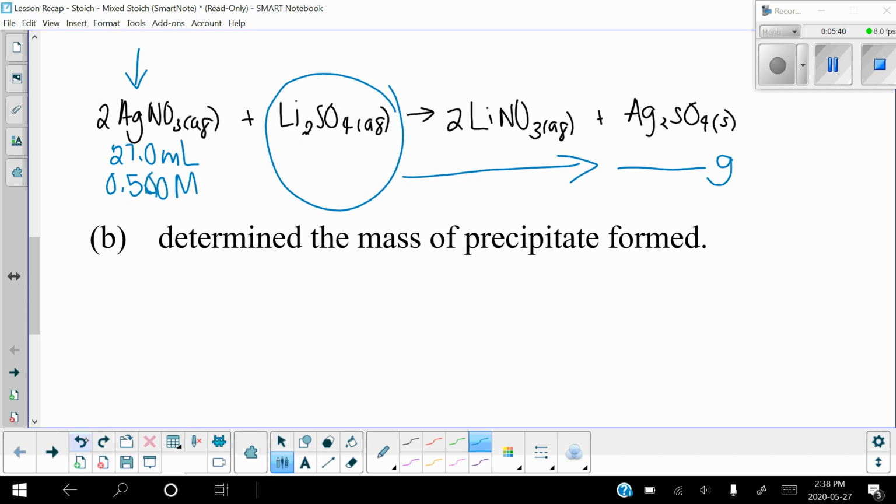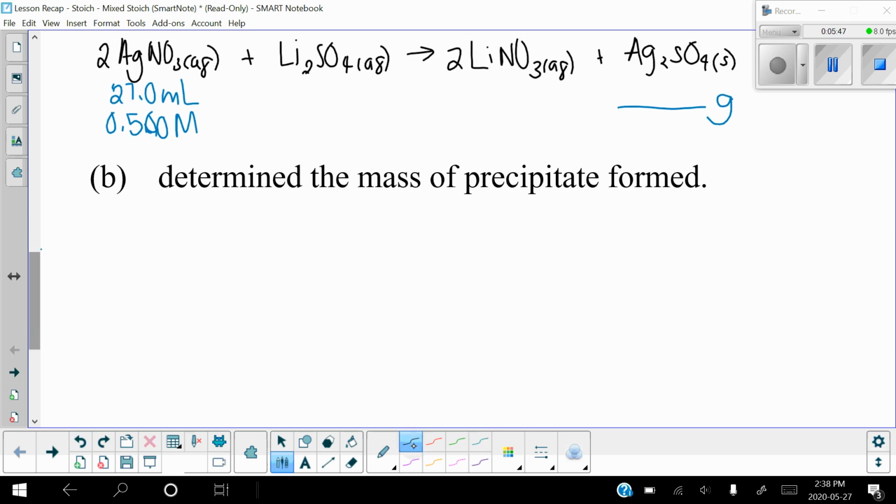Lovely. So let's get set up. Starting our Stoich statement, you start with what you know. This time around, I will use just liters. It will make it easier, otherwise at the end we'll end up with milligrams. That's okay, you can then change milligrams into grams, but I will show you that you can convert your volume. So for my volume, I'm going to get rid of that and convert it into liters.